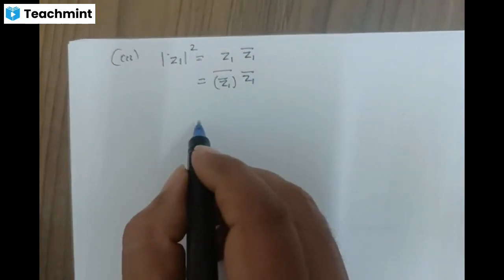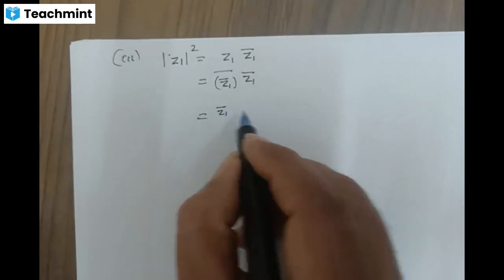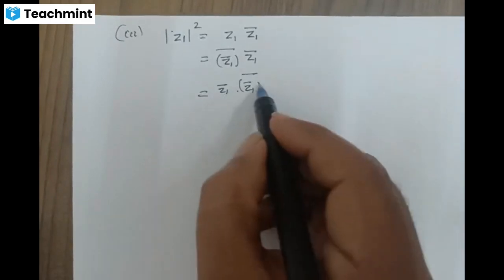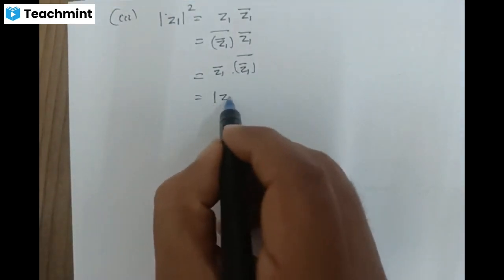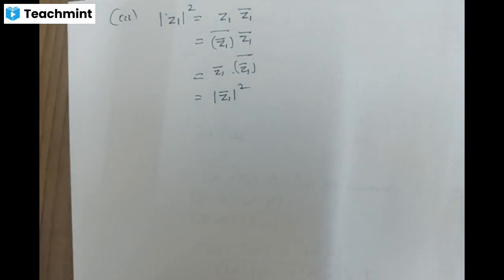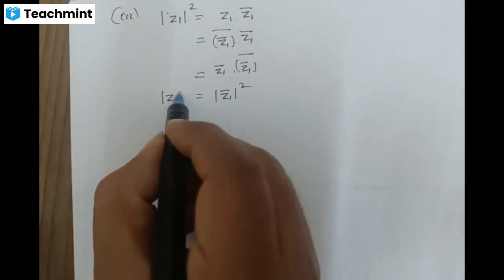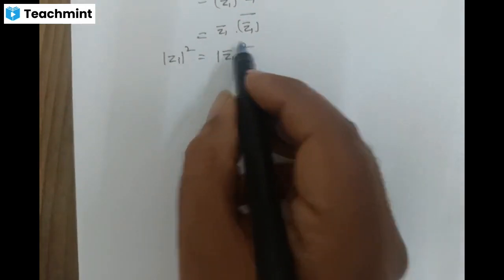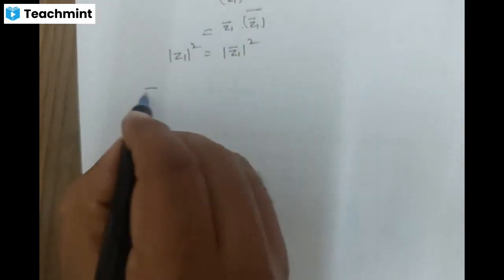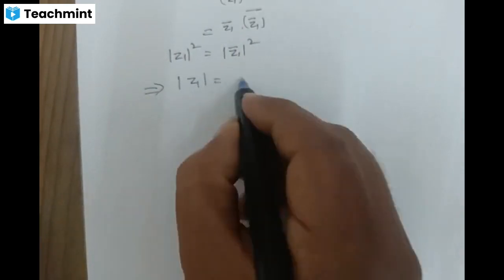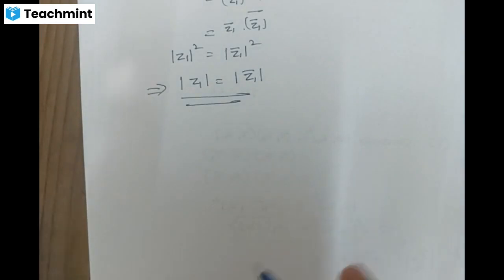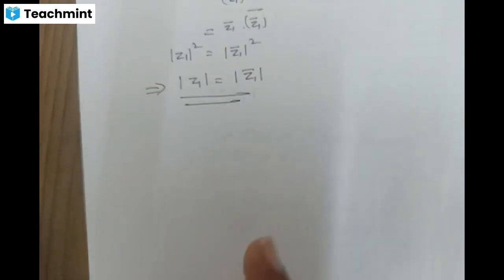So this we can write as z1 bar into z1 bar whole bar. Just like z into z bar means modulus of z whole square, here modulus of z1 whole square is equal to modulus of z1 bar whole square. So raising the power 1 by 2, mod z1 is equal to modulus of z1 bar. Means both are equal. You can take an example, so that quantity is always equal.